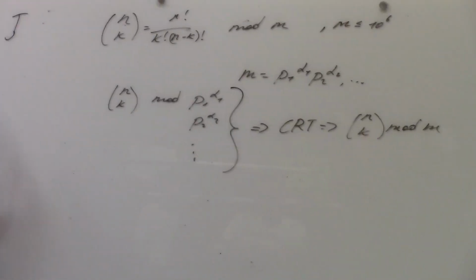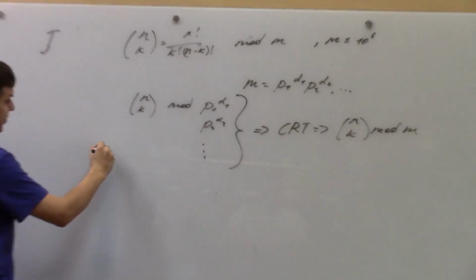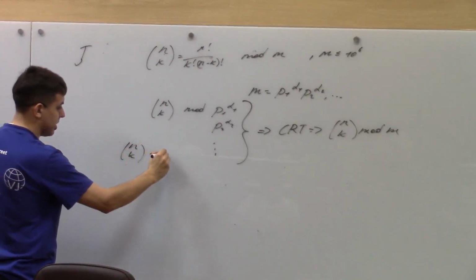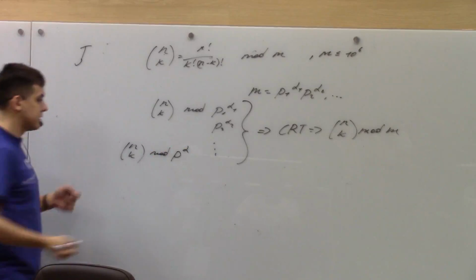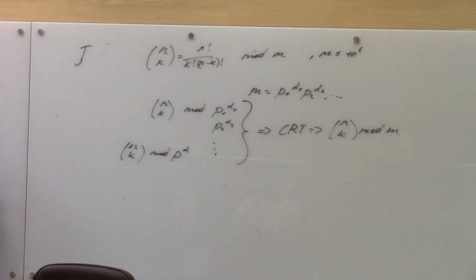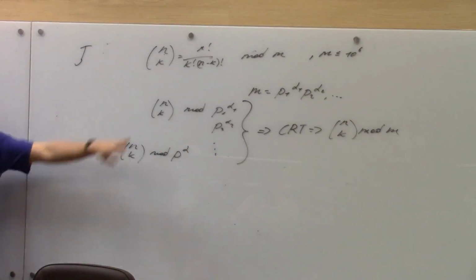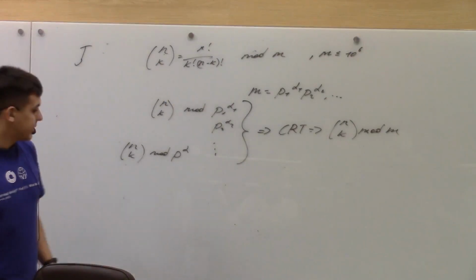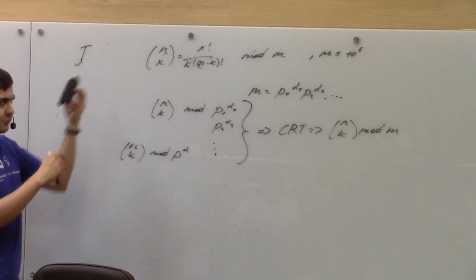Okay, now the problem is how do I calculate n choose k modulo a prime power, p to the alpha. I didn't write this formula just so there is a formula, and this will be helpful.